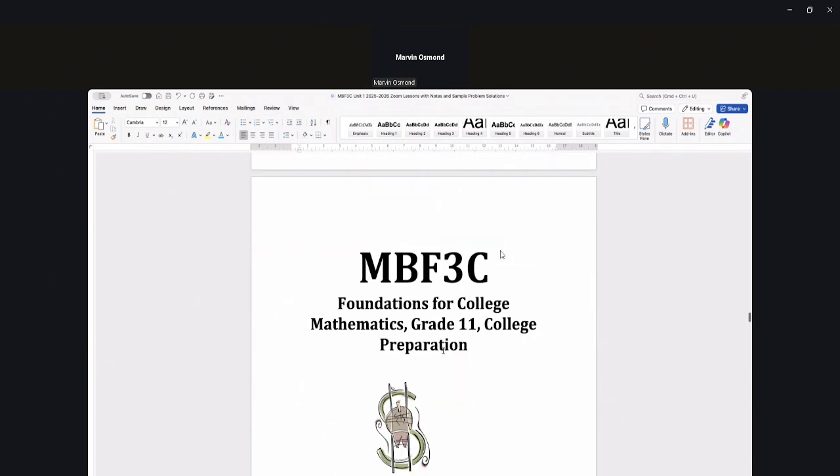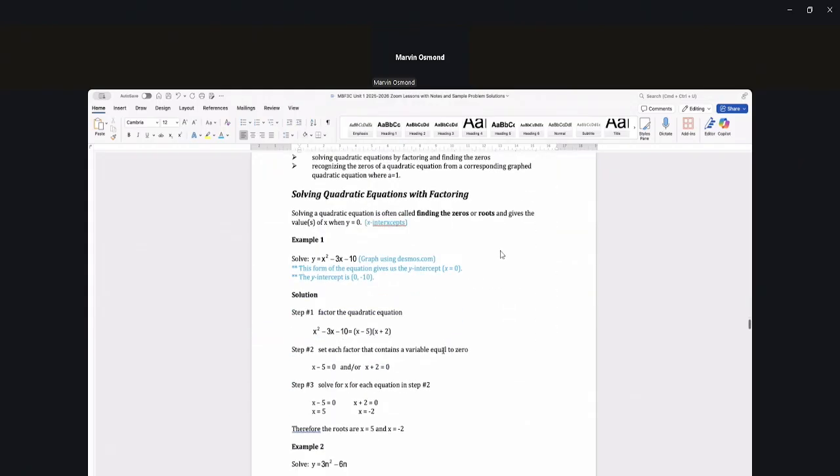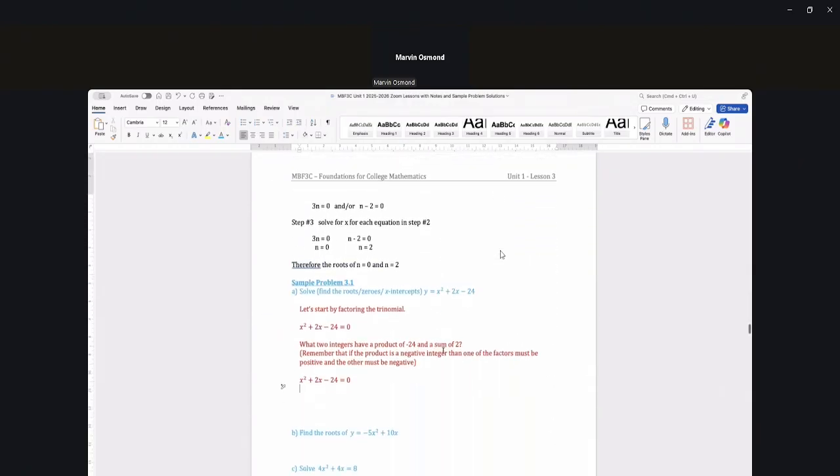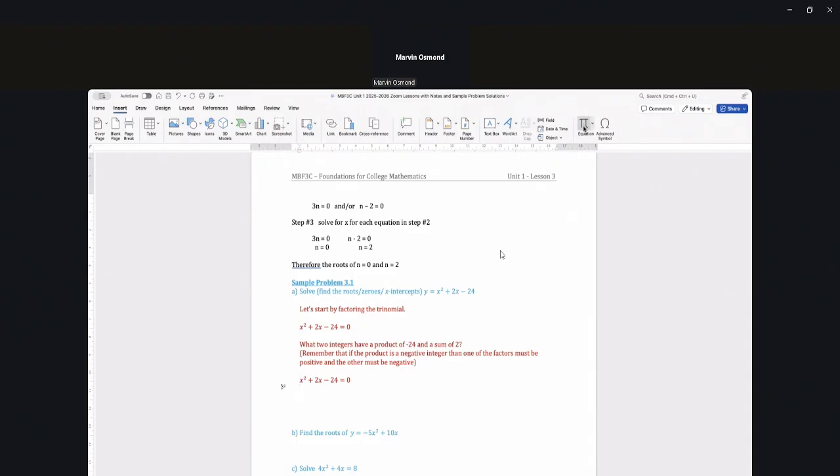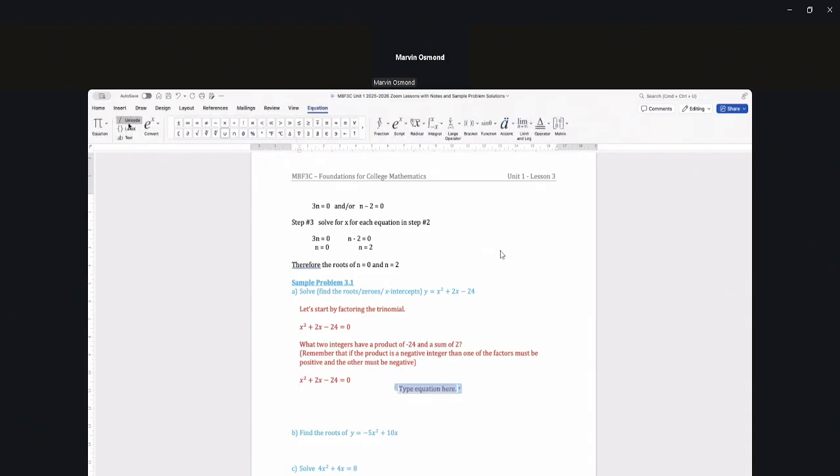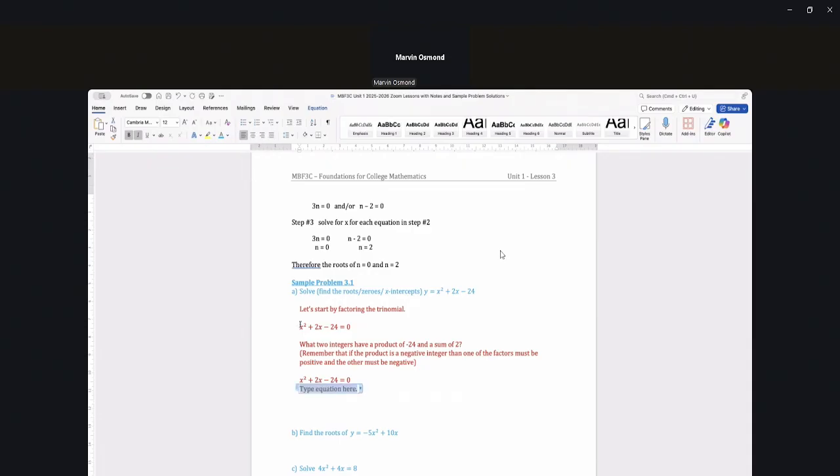Now, hopefully you've gotten to the point where you don't need to list all of the factors. So we're going to start with brackets. Let's insert an equation first and make that red.